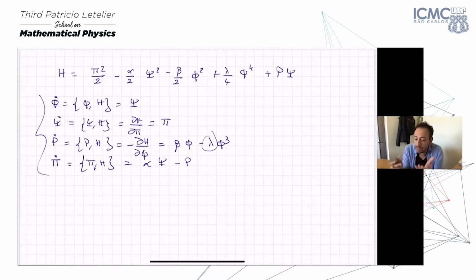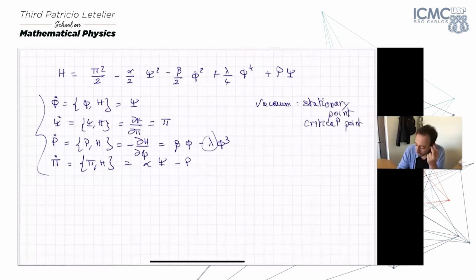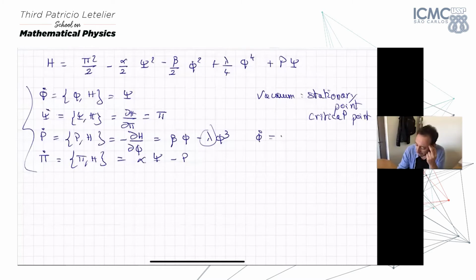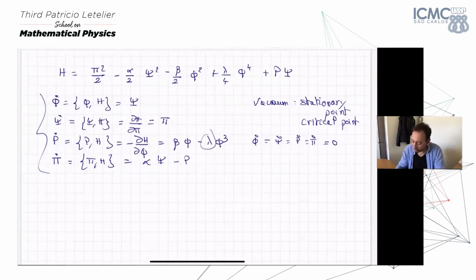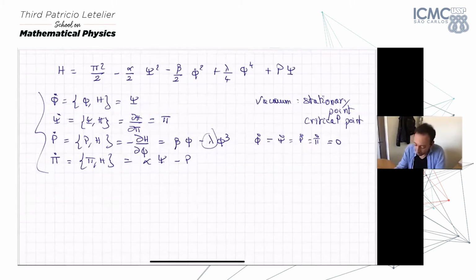I will call the vacuum the stationary point. In a dynamical system, this is called the critical point. So it's looking for the point where all derivatives are equal to 0. Okay, so looking at this point, which is the stationary point, we will call it the vacuum and see what is happening around it.